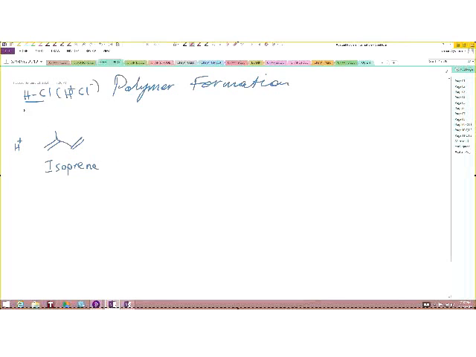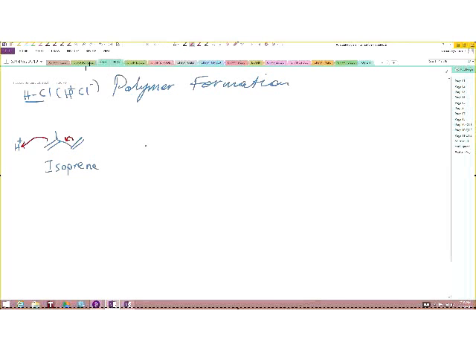What do you think is going to happen? The carbon-carbon double bond will attack the proton, right? It attacks this here to form a carbocation on this carbon. But once it does that, because you have conjugation with this carbon-carbon double bond, this bond will move to here.